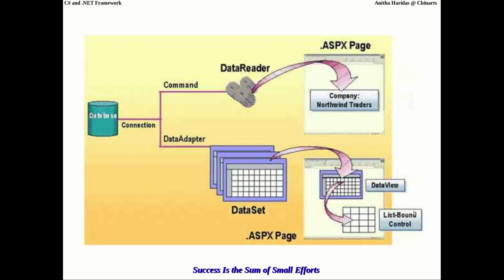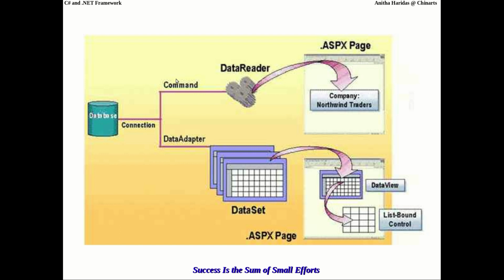All these diagrams I have downloaded from the internet. This diagram shows you can have a .NET application on this side as the front end tool and the database on this side as a back end. Now when I am using the data reader, I need a command object that requires a live database connection.